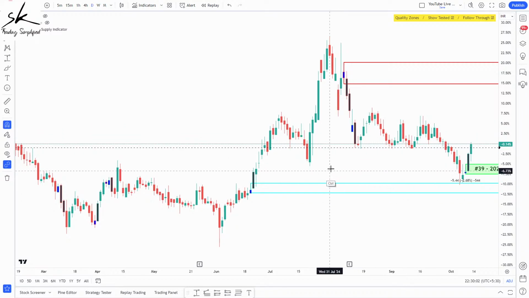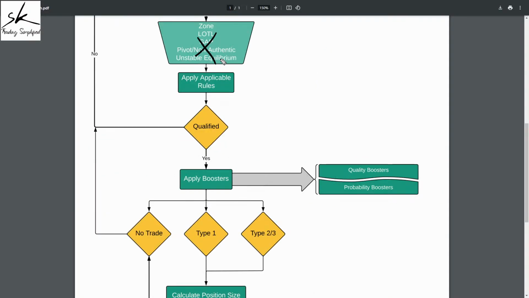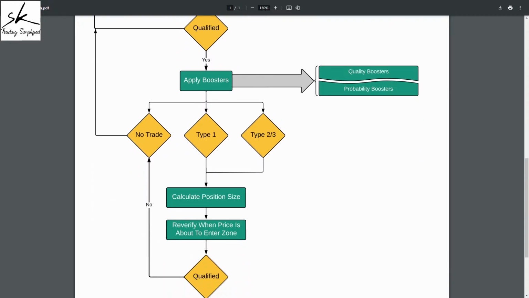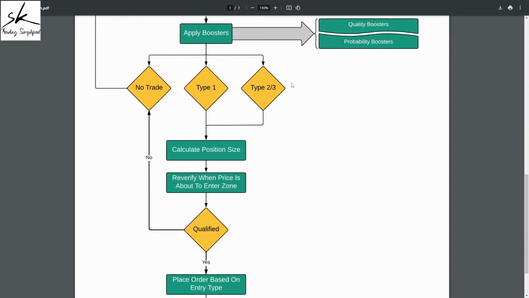So none of these conditions are getting applied, and if they are not getting applied, they cannot disqualify the zone. Only if they get applied, then you have two possibilities, either qualified or disqualified. So in this case, they are not getting applied. Therefore, the zone is qualified for us. The zone cannot be disqualified unless any of these conditions are applicable.